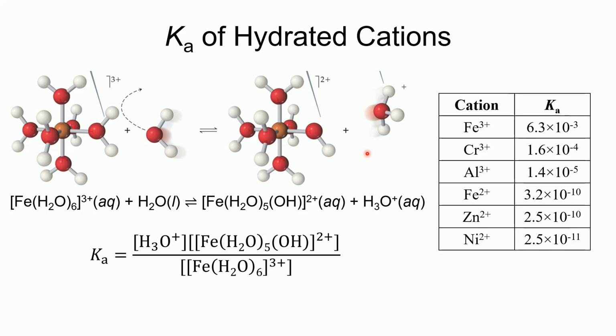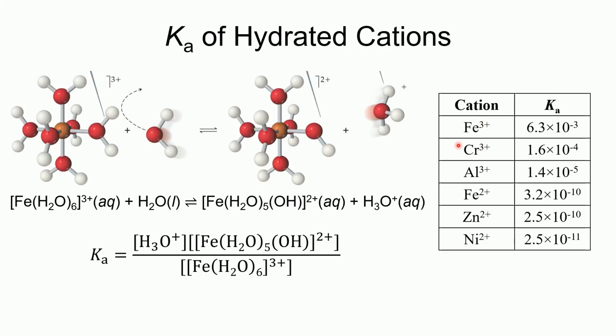A couple of things I want to point out: you don't see any of these with group 1 or those bottom 3 in group 2, and the ions that have a +2 charge are much weaker acids than the ions that have a +3 charge. So the +3 has a bigger effect. If you had ions with a +4 charge, for example titanium 4, you would see these numbers would be much higher.